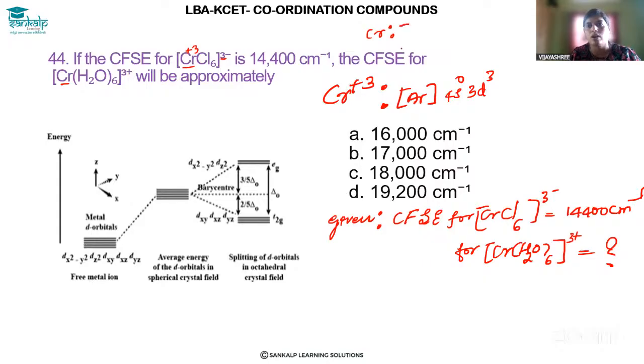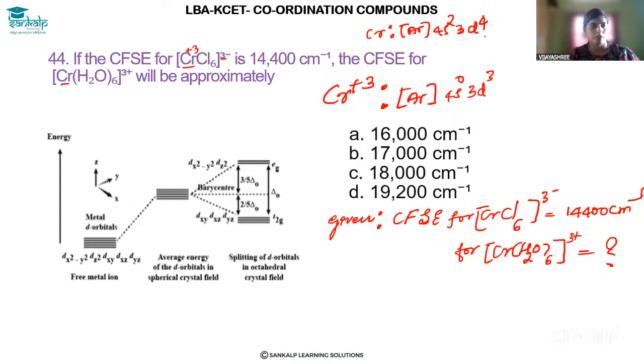Neutral chromium is argon 4s2 3d4, and chromium +3 means 3 electrons are lost from neutral chromium. Then the configuration will be argon 4s0 3d3. It is the electronic configuration of chromium +3.